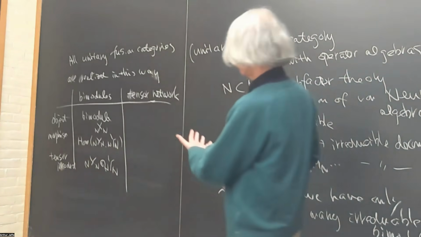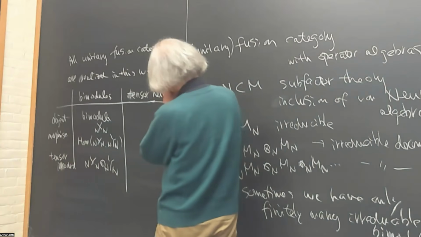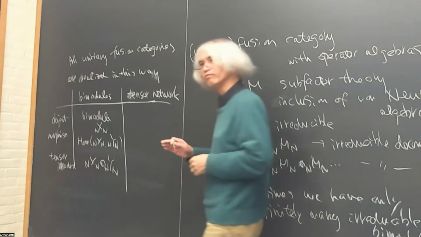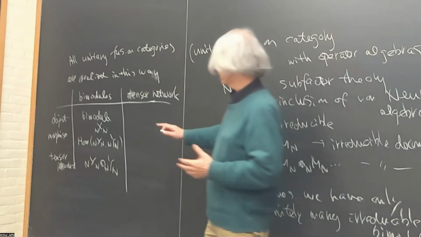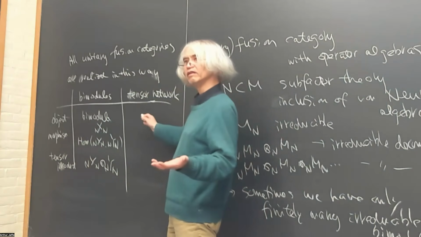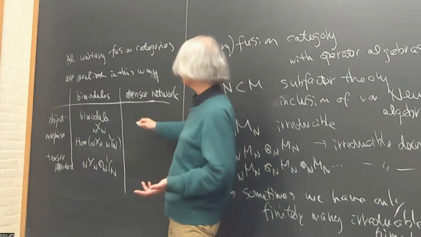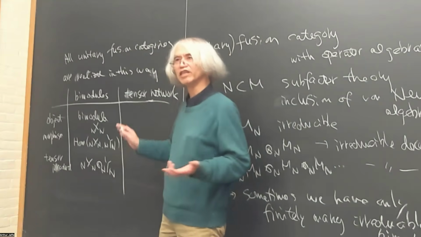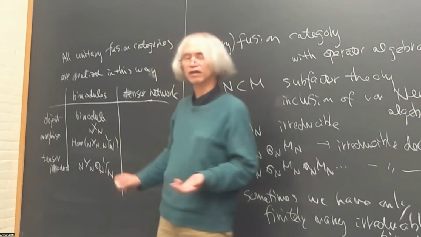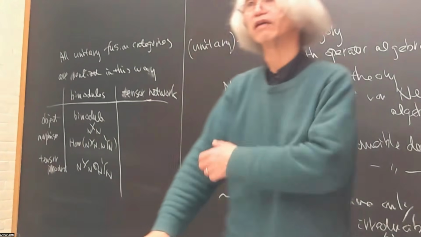This was a kind of old topic. But recently, physics people in two-dimensional topological order rediscovered a very similar, essentially the same structure. So we have a renewed interest in this old topic, subfactors.